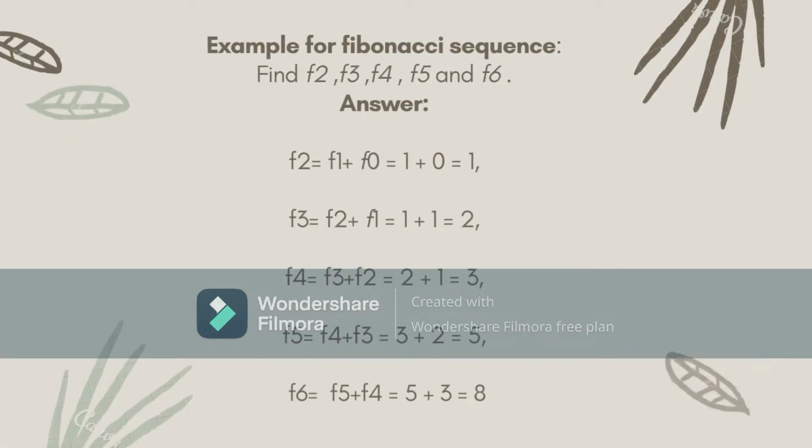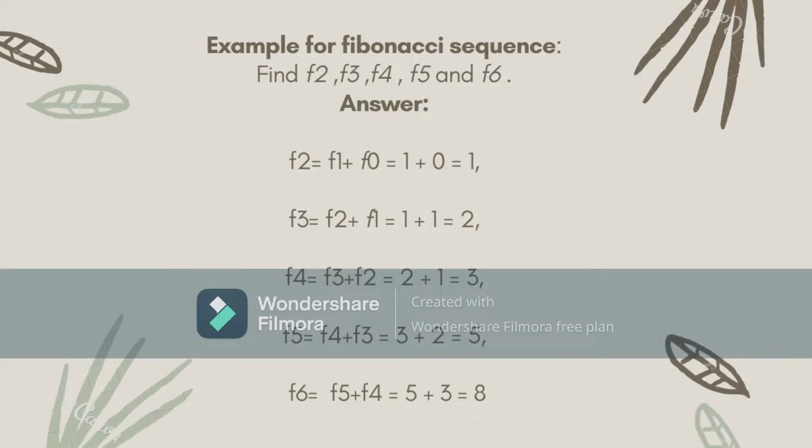So, what are the examples for the Fibonacci sequence? Based on the Fibonacci sequence given, where F_0 = 0 and F_1 = 1, we need to find the values of F_2, F_3, F_4, F_5, and F_6.